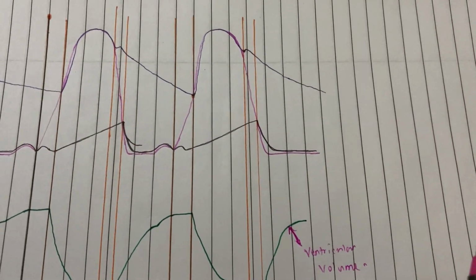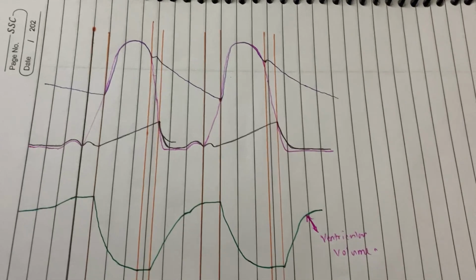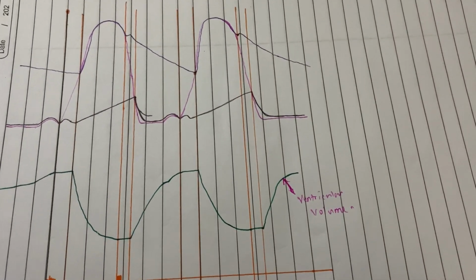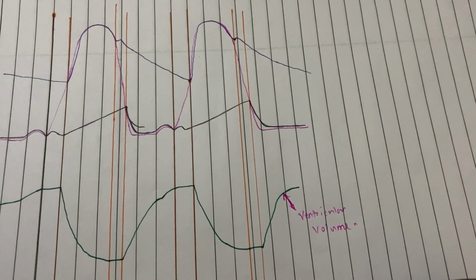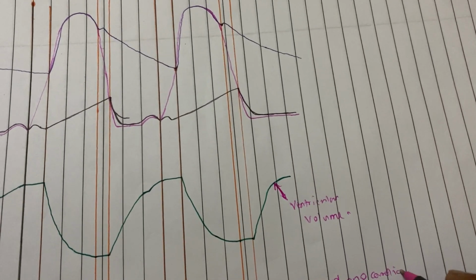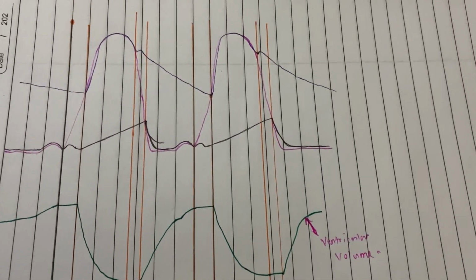Ventricular volume, the volume of blood in the ventricle. This is the ECG. This is the phonocardiogram, the heart sounds.